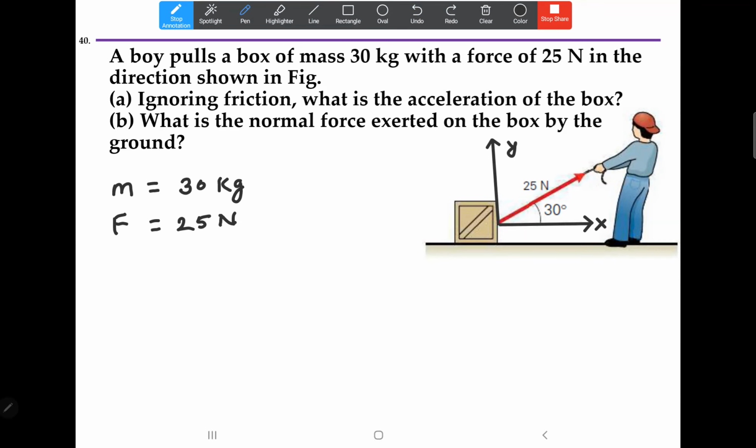This is angle theta, which is 30 degrees. The angle is also given, so I can write it down here: 30 degrees with the positive x-axis.